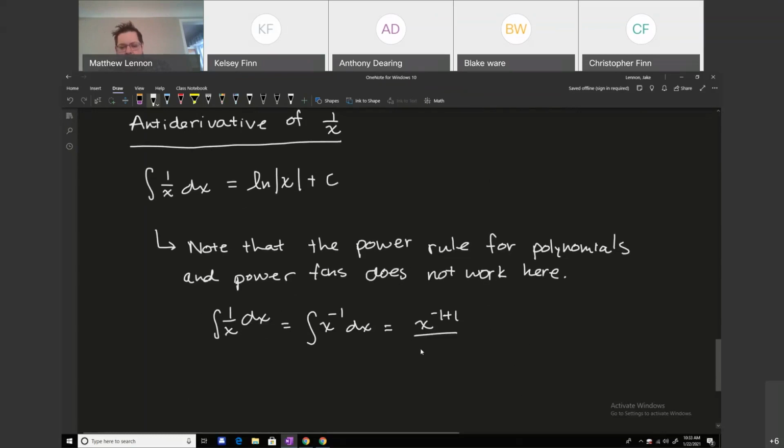And then you have to divide by negative 1 plus 1, which is undefined. So for this one special exception, 1 over x, we have this different rule. We know that its antiderivative is actually the natural log of the absolute value of x.